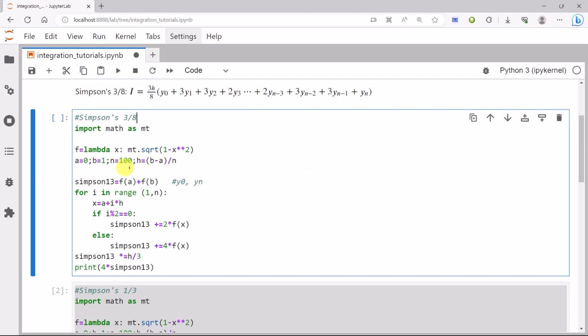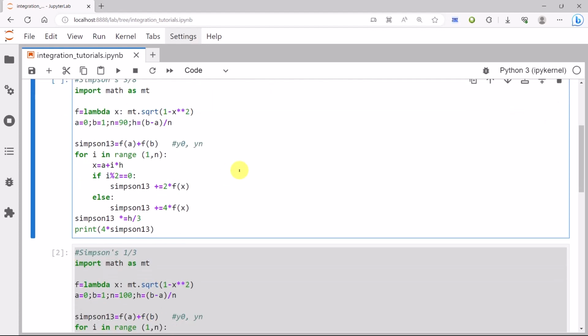Okay, rest of the things are like this, but n is 100 will not work. Here you have to take something multiple of 3. So maybe n is 90, then it is multiple of 3. So here this is Simpson 3/8.